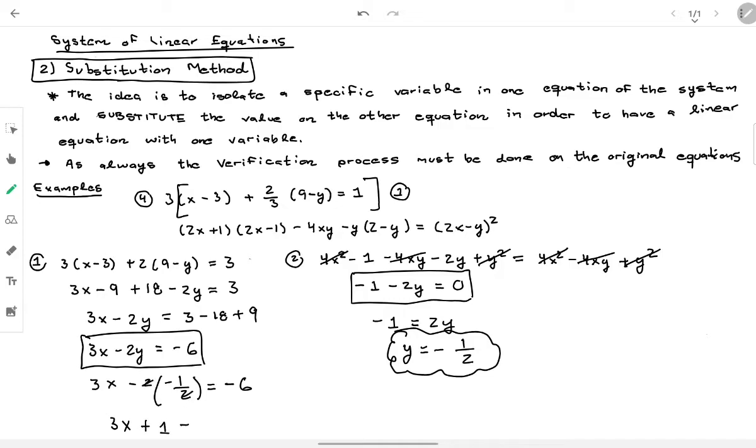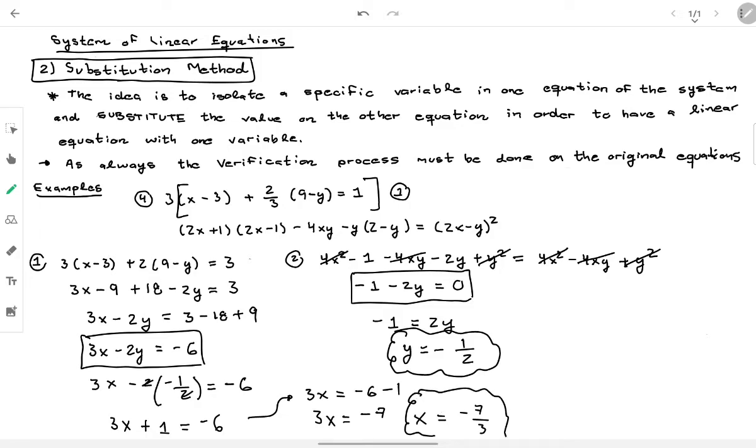So it's going to be plus 1 equals minus 6. So 3x equals minus 6 minus 1. 3x equals minus 7. x equals minus 7/3. And we have already our answer.